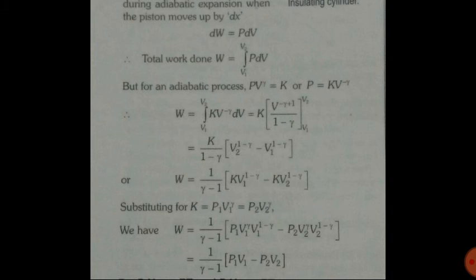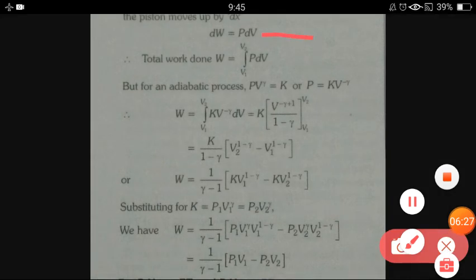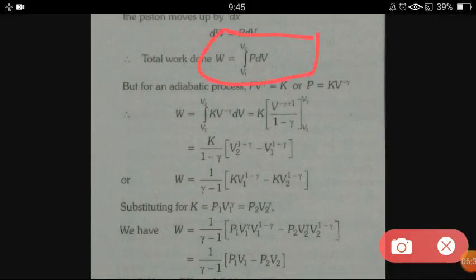So we integrate the small work done from V1 to V2, and finally for the total work we have W equals the integral from V1 to V2 of P dV.